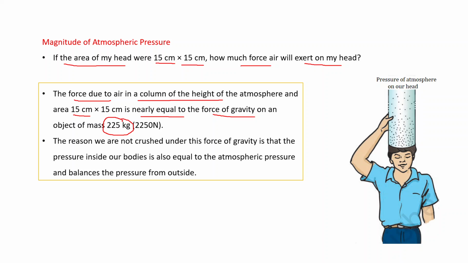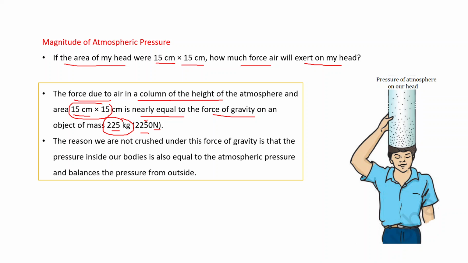You can say this is the force of gravity on my head. This force of gravity is expressed in Newton. When this mass in kilogram is multiplied by the force of gravity, that is 10, we will get this. You will discuss in the higher class what this Newton is.